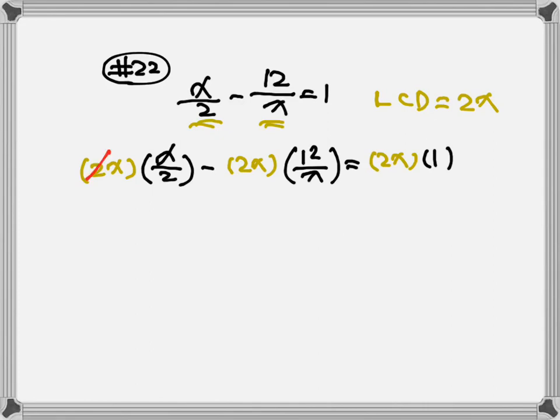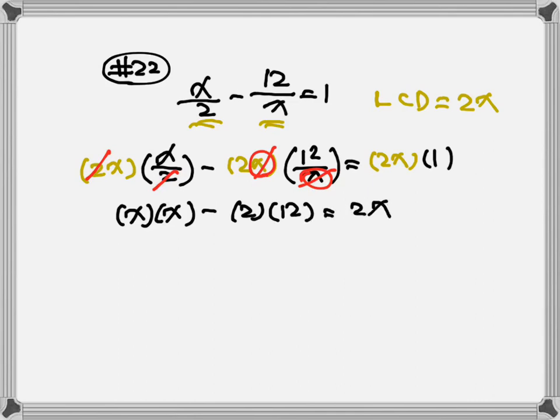The bottom number and the outside number cancel out. So here you have x and x, no more fractions. Because there's no more denominator, no more fraction, you're not going to work with fractions anymore. So the x and here cancels out. Then we have 2 times 12 equal to 2x times 11.